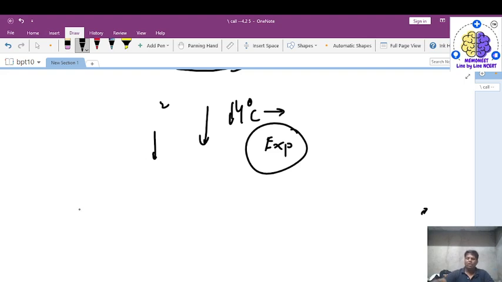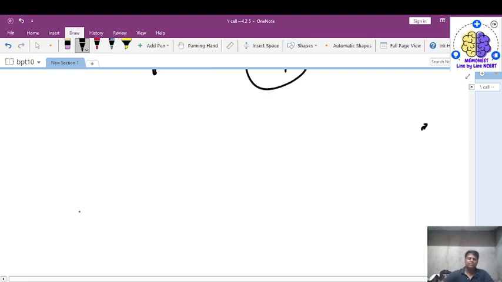So if I draw a curve which represents the density, here we draw the density of water, and here we draw the temperature, right? When we start cooling water, the density will drop.